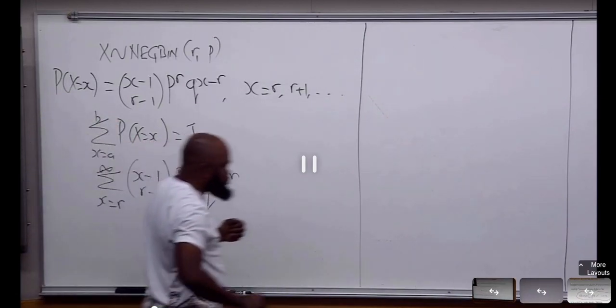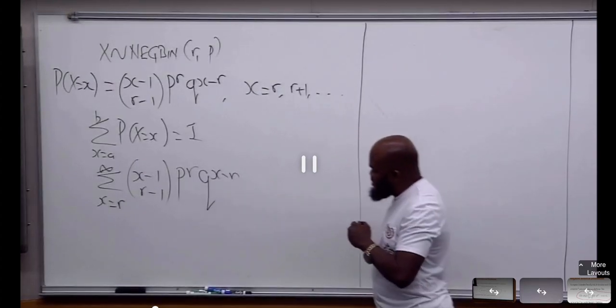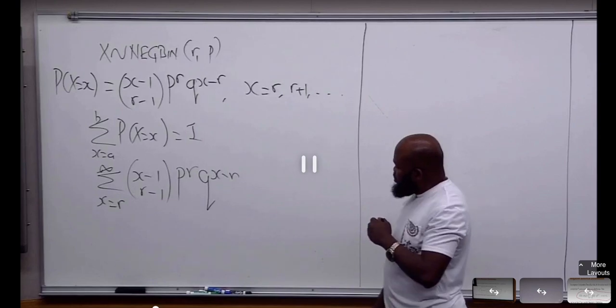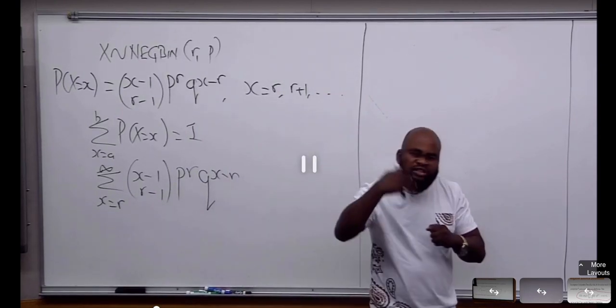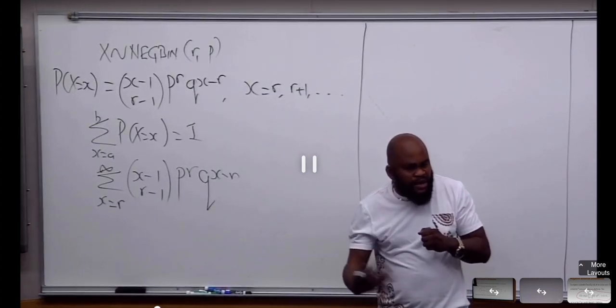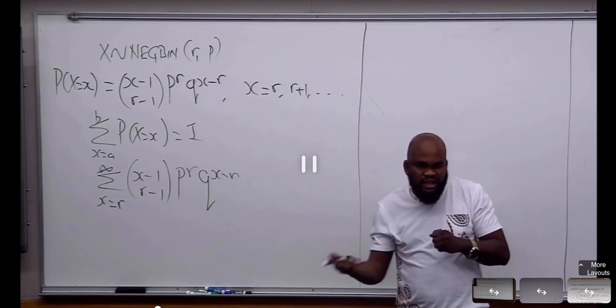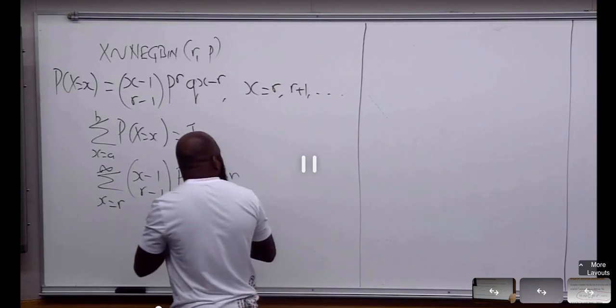Now I have to put into consideration, I have to remember binomial expansion, or remember the Maclaurin series or Taylor series that you guys have done in math. Now I'm actually going to use this fact.